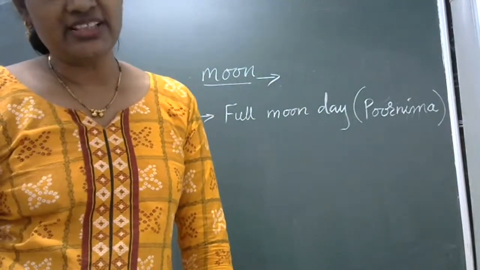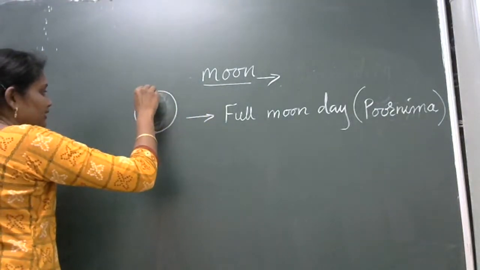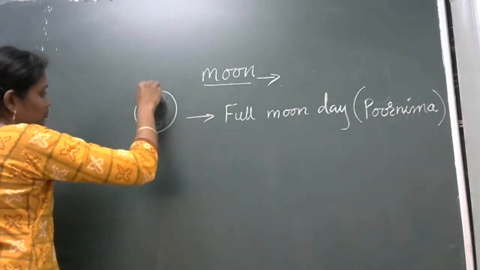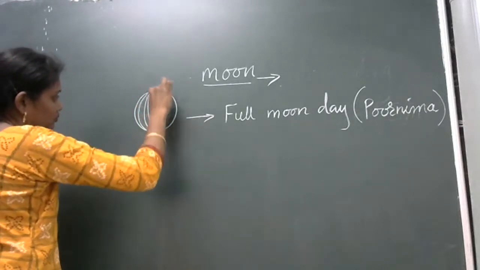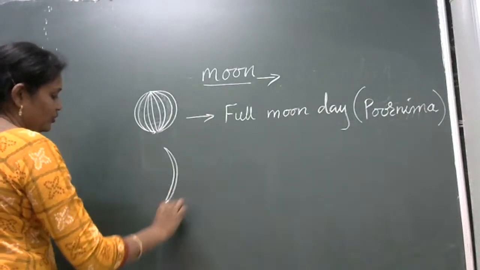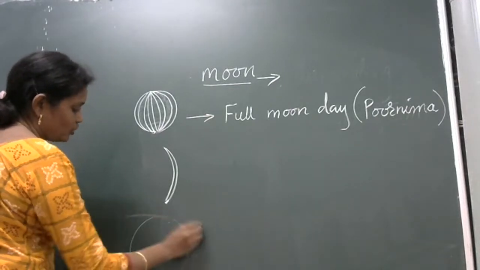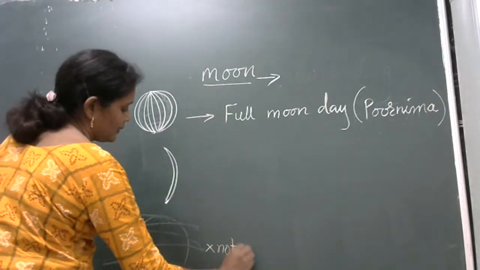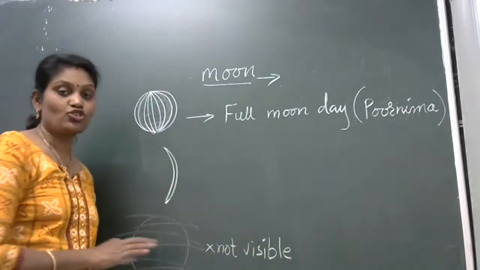On the 15th day the moon is not visible. धीरे धीरे ये ऐसे कम होते जाता है. और फिर लास्ट डे हमें इतना ही दिखता है, और फिर यहाँ it is there but it is not visible to us. Not visible. It is there but it is not visible.